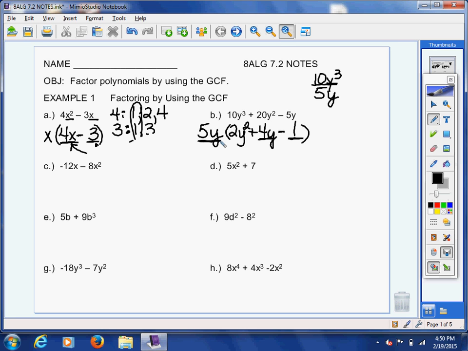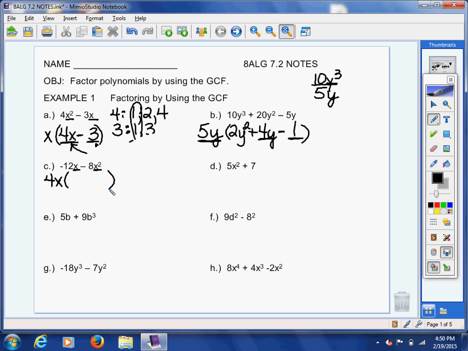You could say, I'm going to factor out a 4, because I know 4 times 3 is 12 and 4 times 2 is 8. You would be correct. That would be a good choice. And then when you look at your variables, you have x and x squared. Choose the lower of the two. Choose the x.